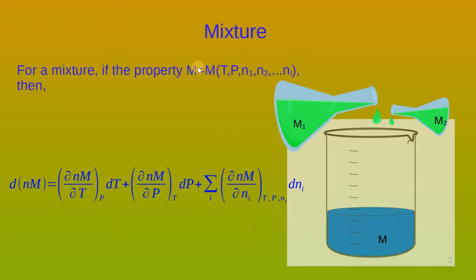In that case, if M is a property, now what do we call a property in thermodynamics? There are state variables in thermodynamics, which are pressure, temperature, volume. We call them state variables because they determine the state of the fluid.